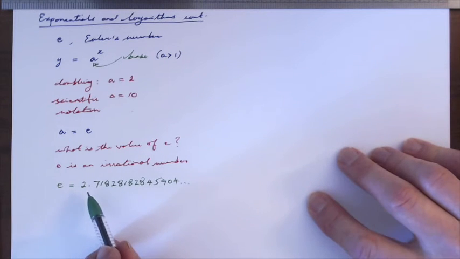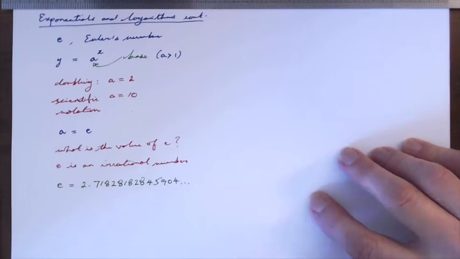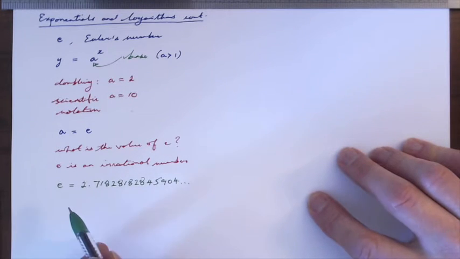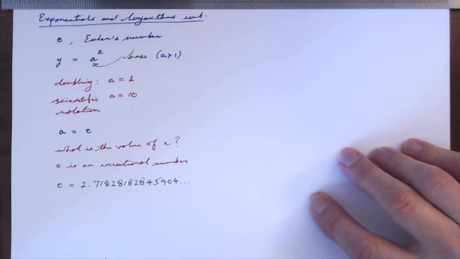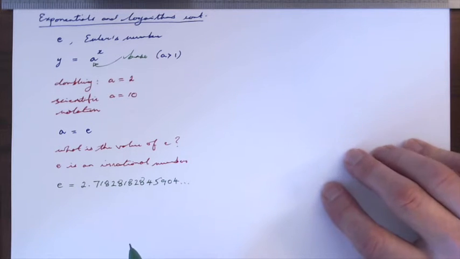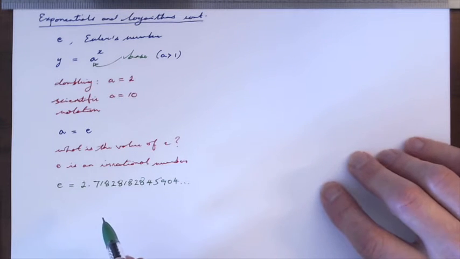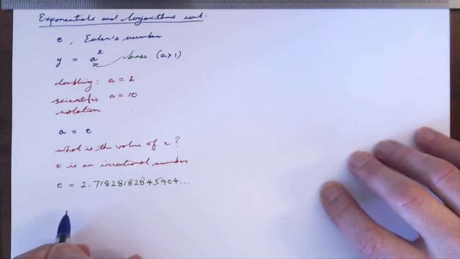So obviously there's nothing about this particular set of digits that would lead one to think, well, this must be a very special number. Instead, let me show you mathematically a way that we can define this number e, and that will start to give you a little inkling into why it might be special. But actually, the reason that it's so commonly used in science is ultimately because it has a very special property when you express an exponential in terms of e.